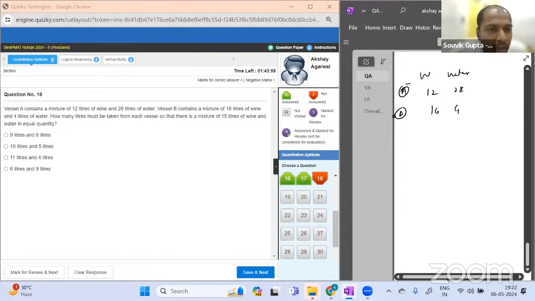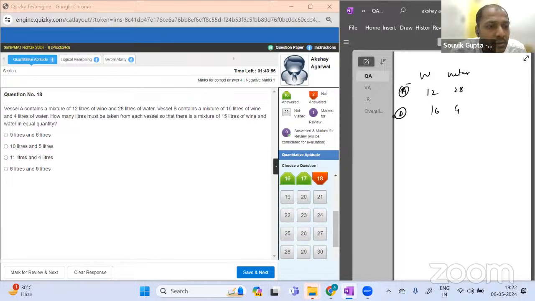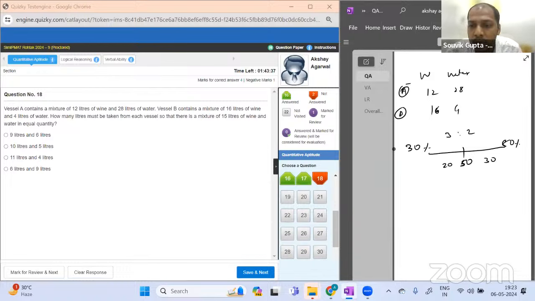How many liters must be taken so that there's a mixture of 15 liters with wine and water in equal quantity? Allegation: 30% and 80%. The average is coming out to be 50%. So you should be taking them in the ratio of the distances, 20:30, therefore 3:2. So 15 liters split in 3:2 is 9 and 6. So 9 from the first one, 6 from the second one.